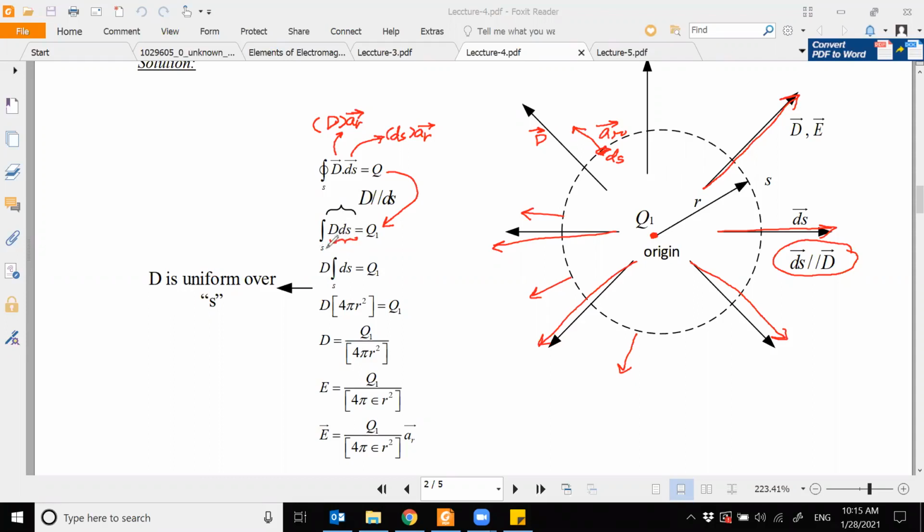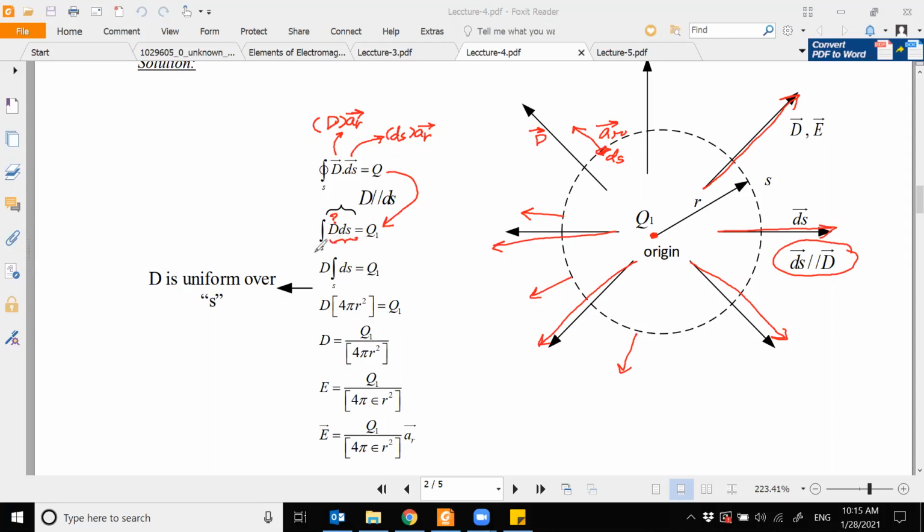Now just evaluate this. Our unknown is the magnitude D. So this unknown is taken outside the surface integral: D times the surface integral of dS is equal to Q1.